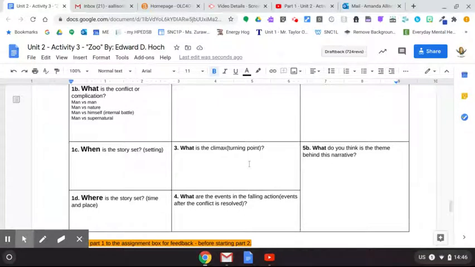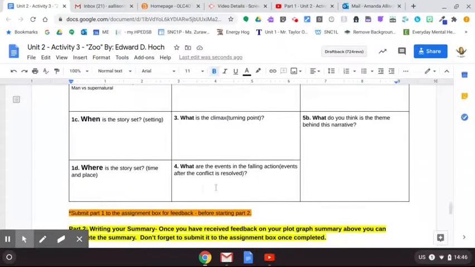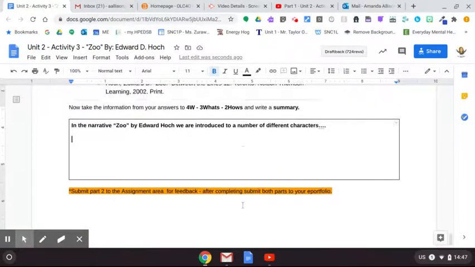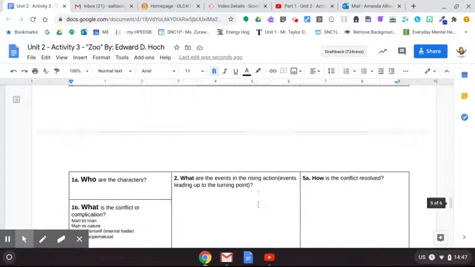The climax or the turning point is when the people of Earth actually get to see the interplanetary zoo for the 6 hours, and they all safely interact with the zoo. So the events in the falling action would be the things that are happening after the zoo leaves. And so you would have already created some details there. So that would be probably the next order of what you would write in your summary.